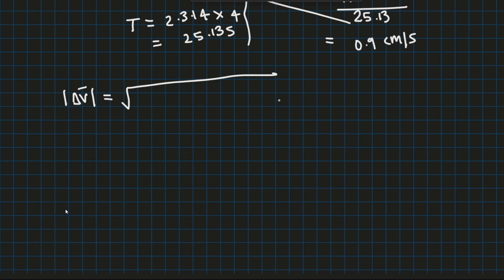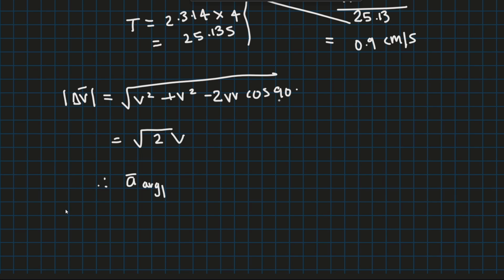So we could directly do v square plus v square minus 2vv cos 90, which would be equal to root 2v, and therefore acceleration would be equal to delta v upon delta t, where we take the magnitude of velocity, root 2 into v upon t by 4.